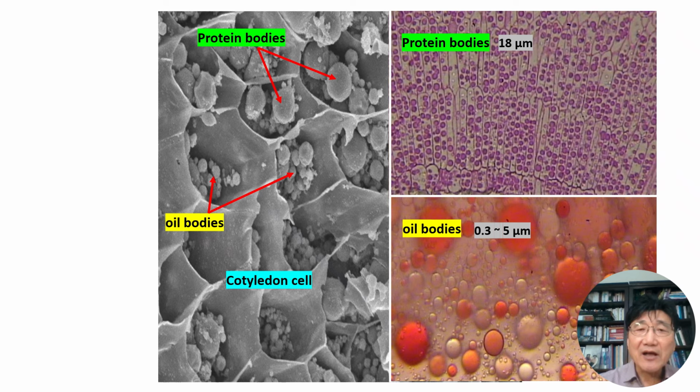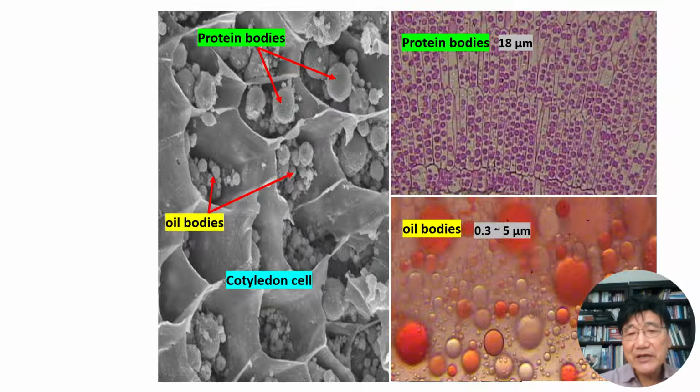These cells contain both protein bodies and oil bodies as storage materials. You can distinguish them by size: the larger ones are protein bodies and the smaller ones are oil bodies.